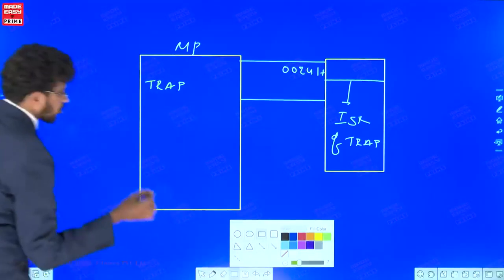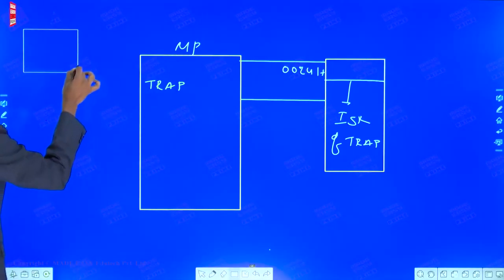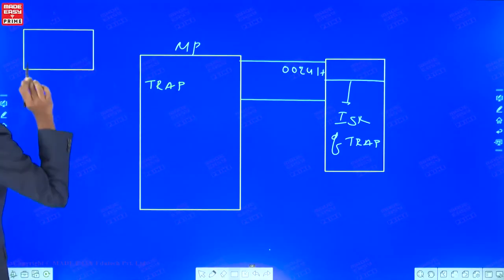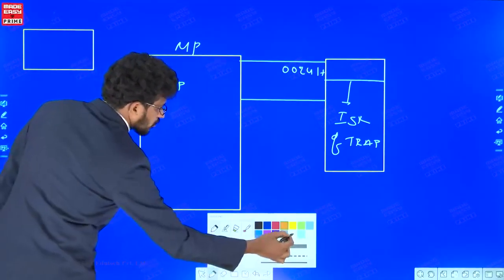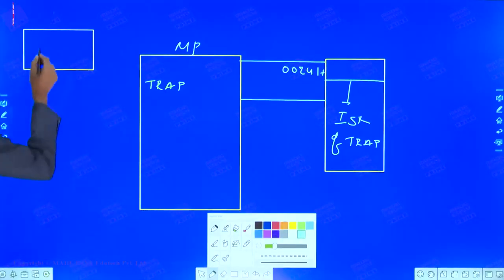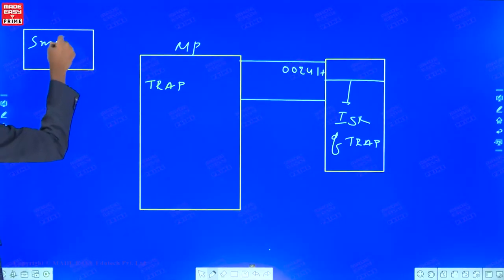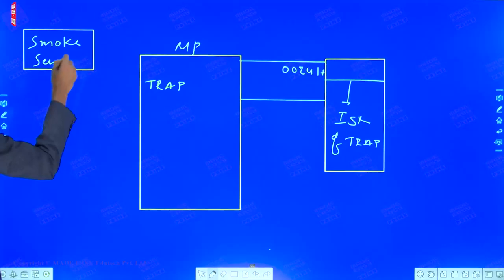Say there is some smoke sensor, and I am taking some comparator. So this is some smoke sensor or fire sensor, whatever you consider.